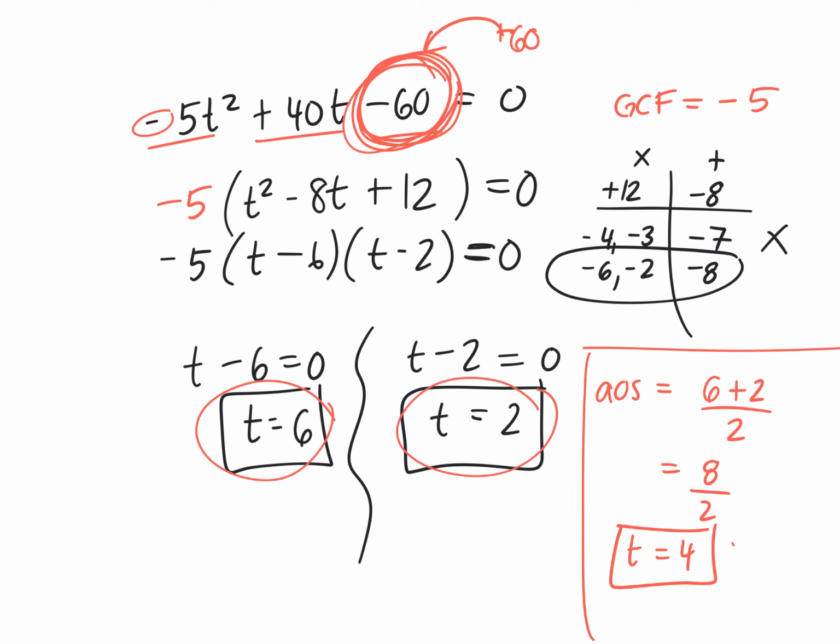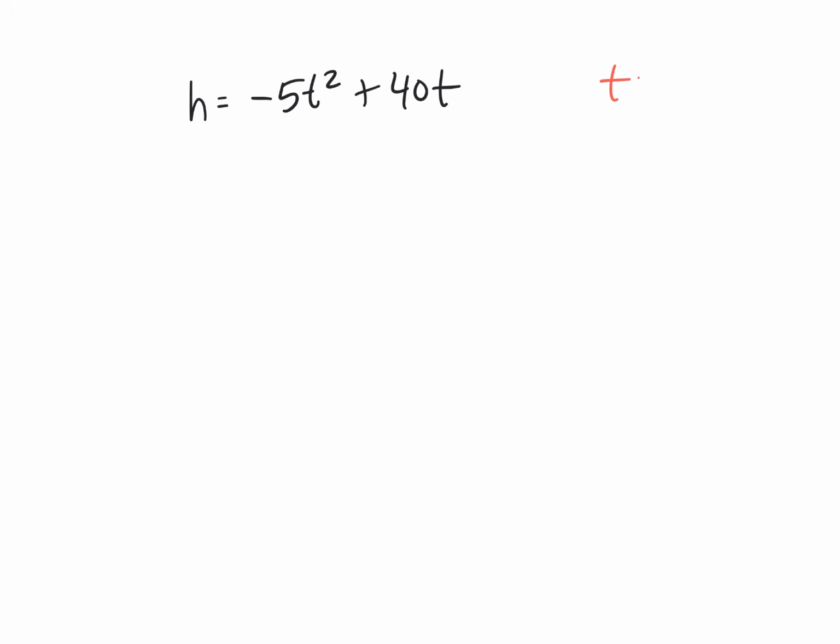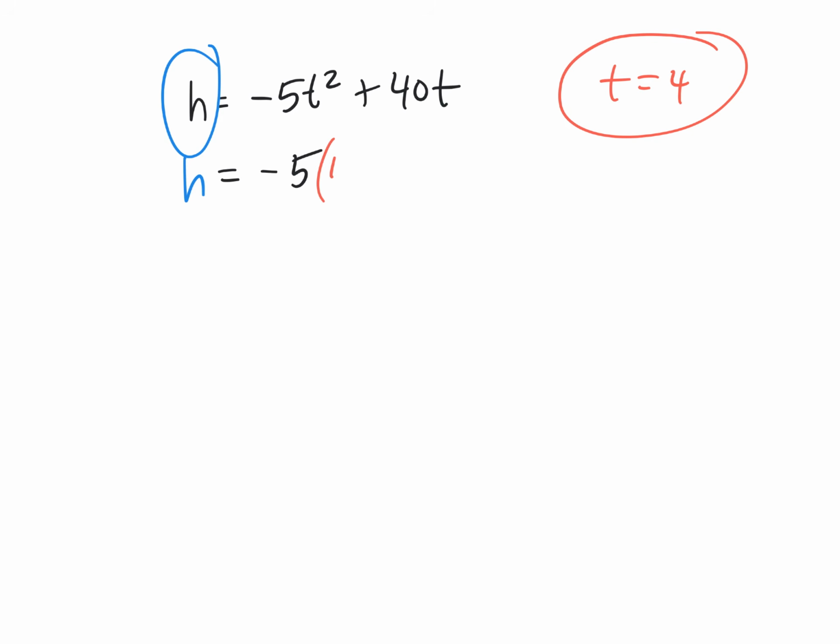So we're going to plug this into the original equation. What was the original equation? Okay, so at 4 seconds, when t is equal to 4, that's going to give us the maximum height, right? So what is the height when t is equal to 4? Plug it in and solve for h.